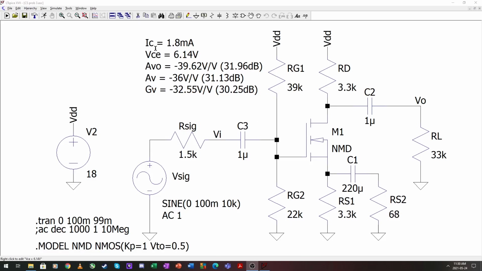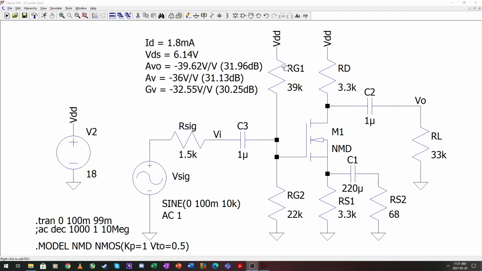So in our simulation, I took the liberties again of getting these values out. So 1.8 milliamperes for our drain current, 6.14 volts for our VDS value. I didn't change this. Sorry, there you go, it's fixed.